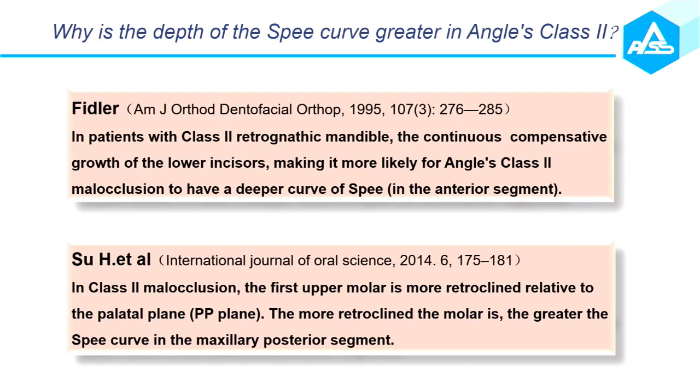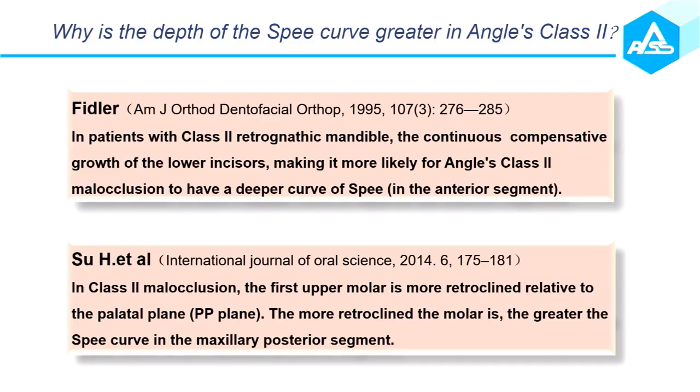If we check the literature, Fiedler says in patients with Class 2 retrognathic mandible, the continuous compensative growth of lower incisors makes it more likely for Angle Class 2 malocclusion to have a deeper curve of Spee. That's in the anterior segment, right? Because of deep overbite.